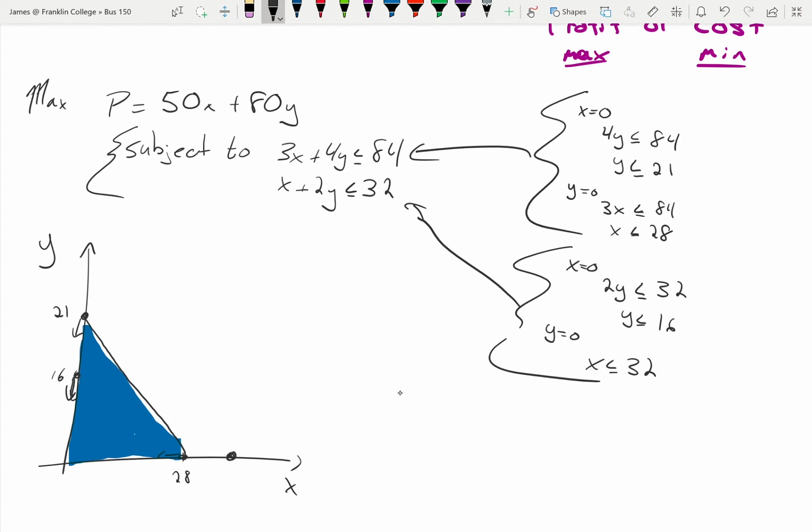That's nice when it's already kind of done for us a little bit. And we know that x has to be less than or equal to 32. So we can draw a line between these two points. We can shade in the region for that linear inequality, and then we can see the doubly shaded region that is marked off by these four points.